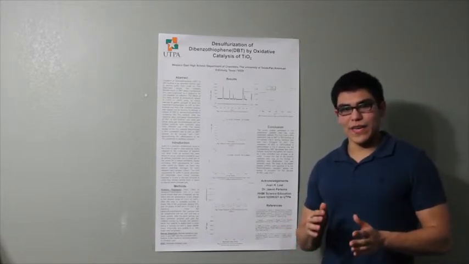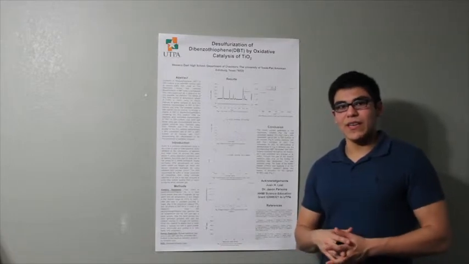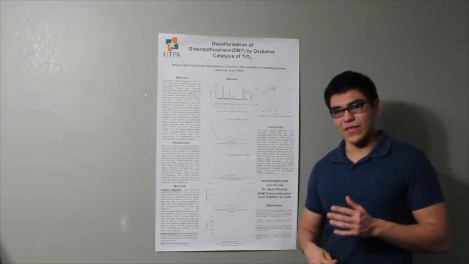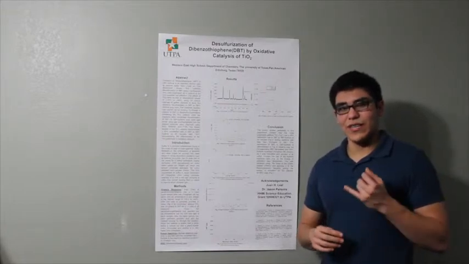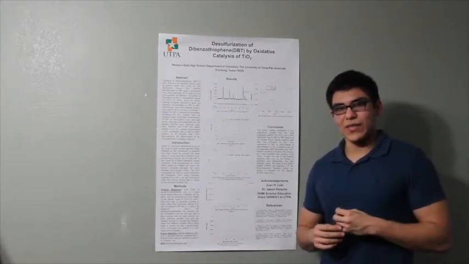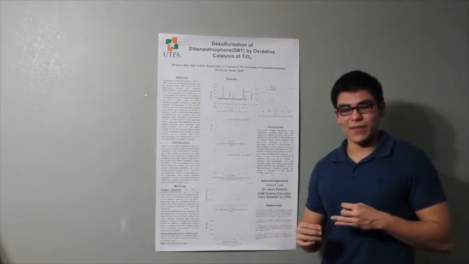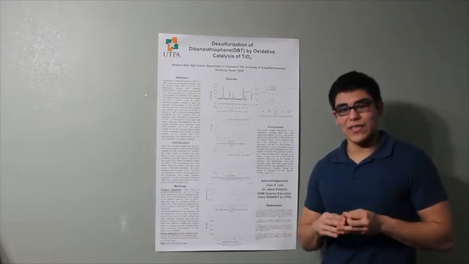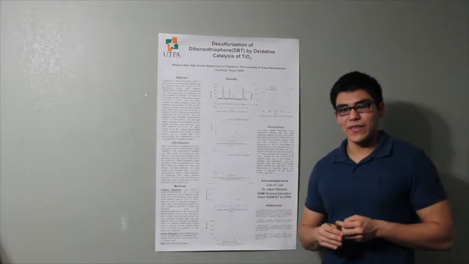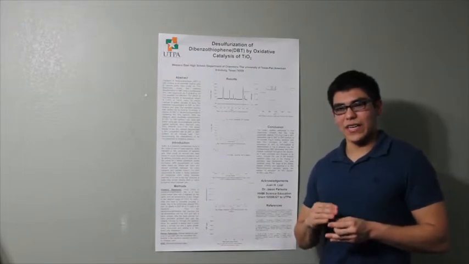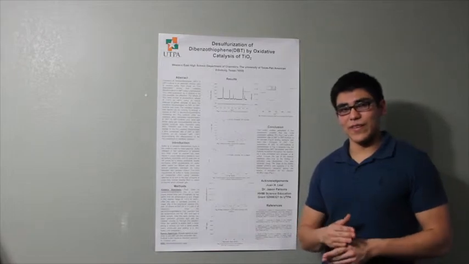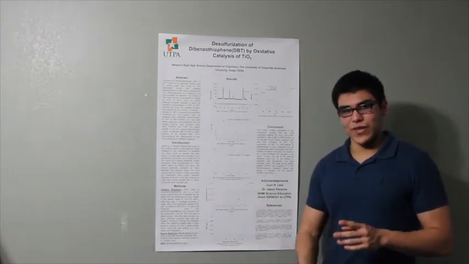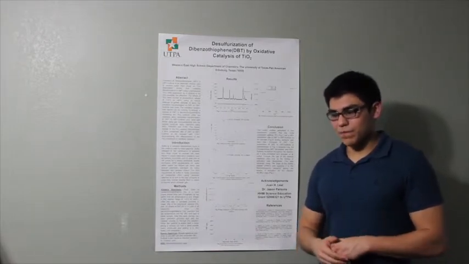So, in the end, after we performed this project, I found out these facts about titanium dioxide. First, its energy of activation is 110 degrees Celsius. Second, its reaction kinetics: it takes about 90 minutes to run efficiently. The third fact is a 95% removal rate of sulfur-containing compounds.